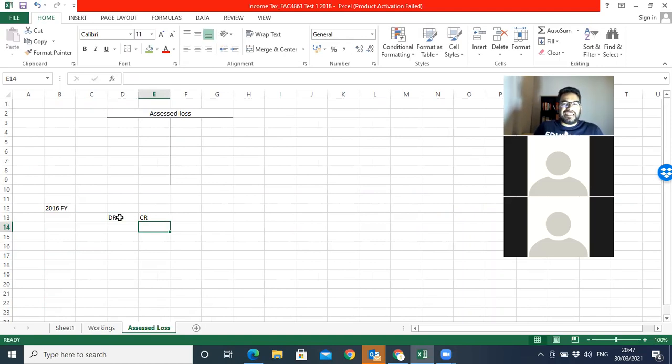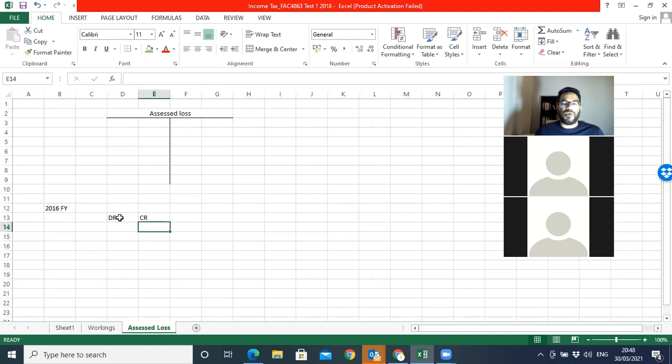In order to recognize a deferred tax asset for an assessed loss, there needs to be future taxable income. Management need to be comfortable that in the future they will have sufficient taxable income. They concluded that they did not have sufficient taxable income, so therefore they can't recognize a deferred tax asset. But the accounting standard says in that case, limit your deferred tax asset to the amount of your deferred tax liability.